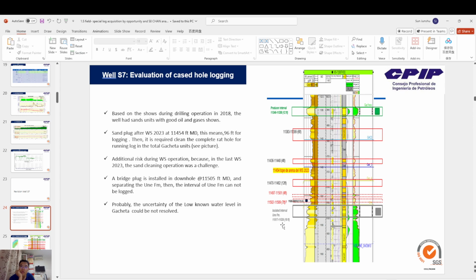Then the interval of Wuni formation cannot be logged. Probably the uncertainty of the low known water level in Gajita could not be resolved.